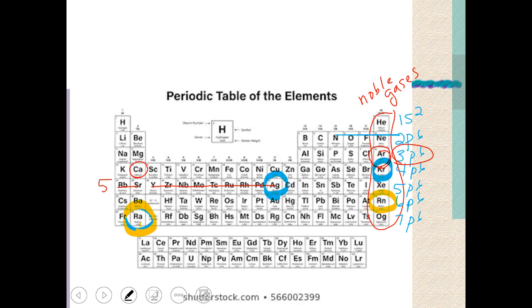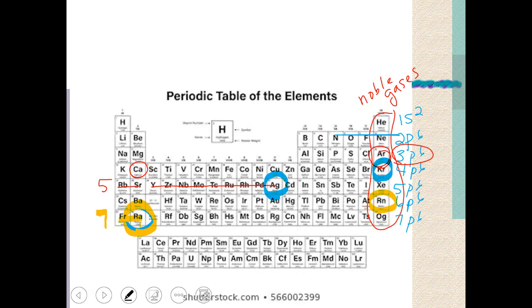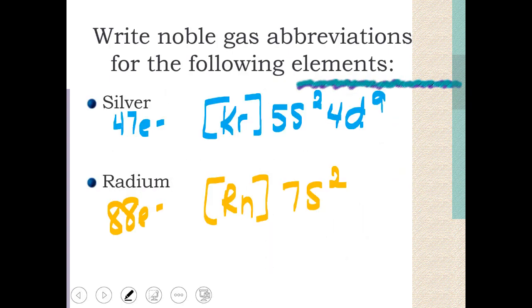Radium is number 88. We only need 2 more electrons. What comes after 6p6? 7s2 right there. 7s2, because radium has 88. You can still see the valence electrons in both of these. They both happen to have 2 valence electrons.